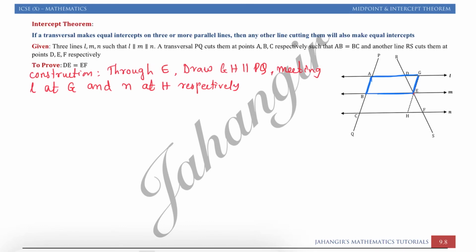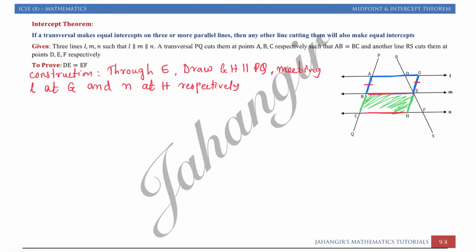So what can I say? I can say AB is equal to GE in the first part. In the second part, in the same way, I will prove another quadrilateral as a parallelogram. This one. In it, we can say BC is parallel to EH because it's the same line segment, and you can also say BE is parallel to CH.